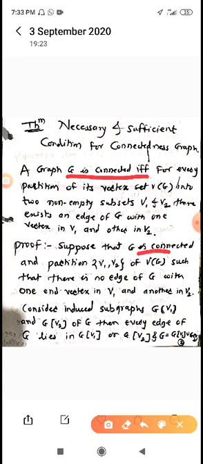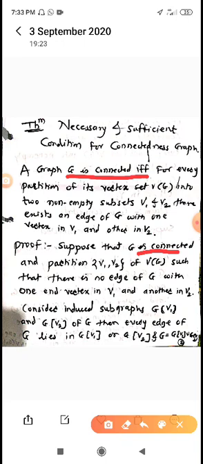Now suppose that graph G is connected and there is a partition V1 and V2 of the vertex set of G such that there is no edge of G with one end vertex in V1 and the other in V2. This is our assumption. If such a thing is possible, then we consider a vertex in V1 and a vertex in V2 between which there is no edge joining them.